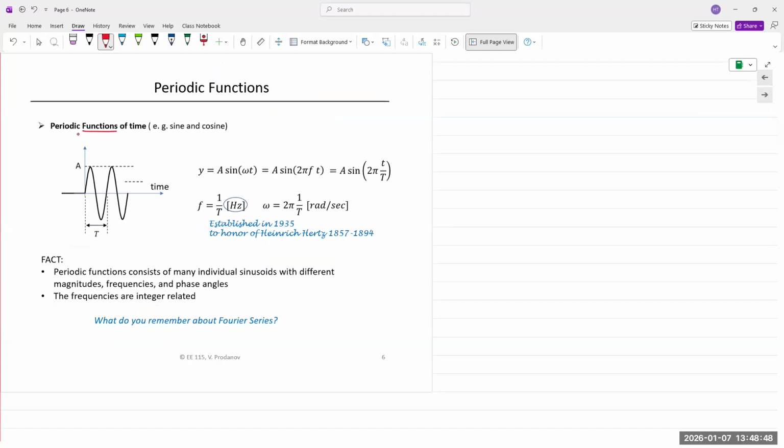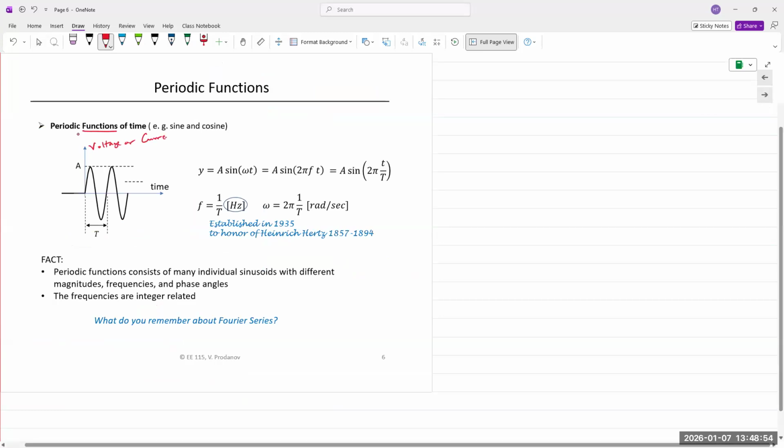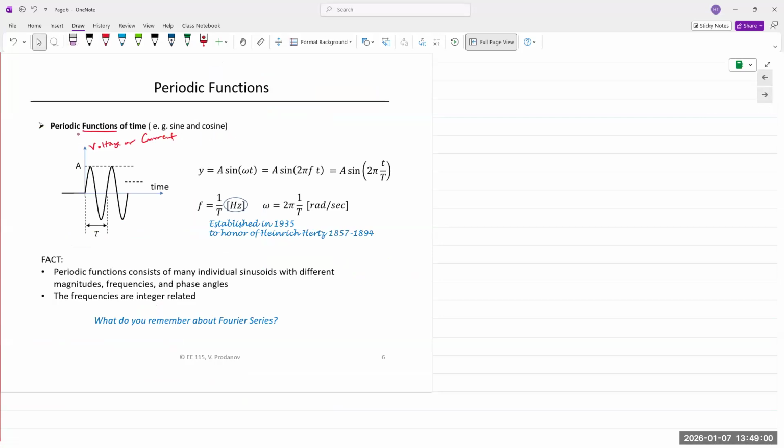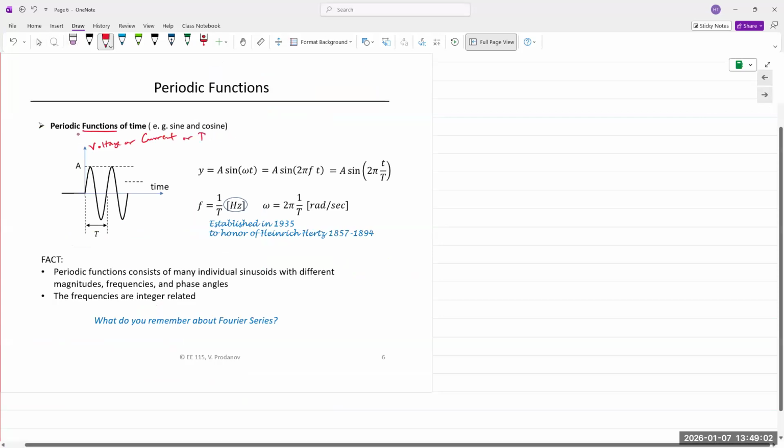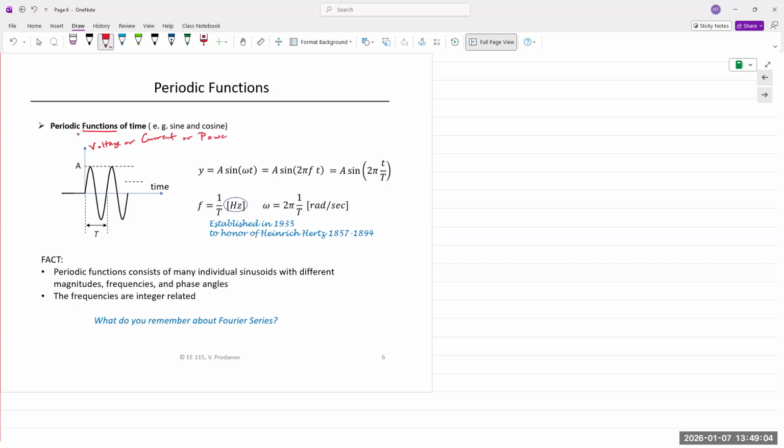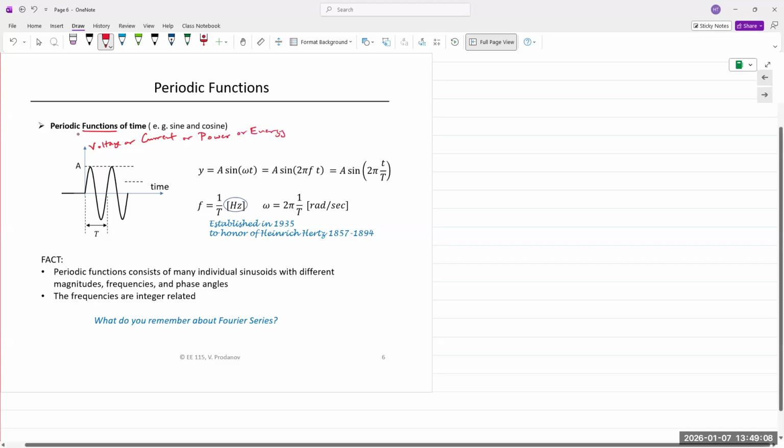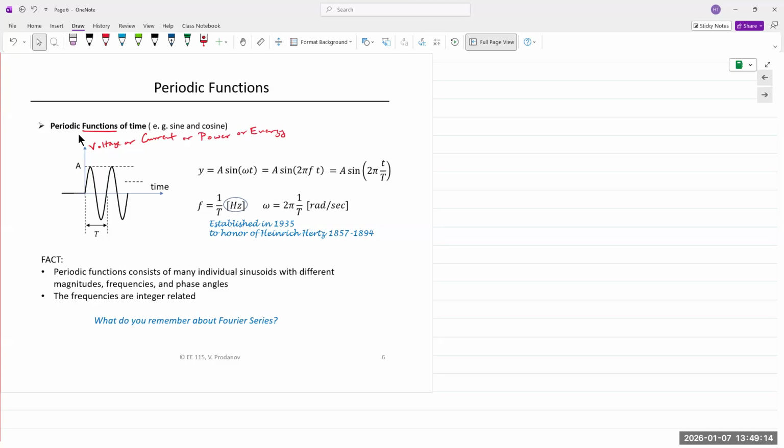Here, it's not specified. Let's just say it's voltage, okay?